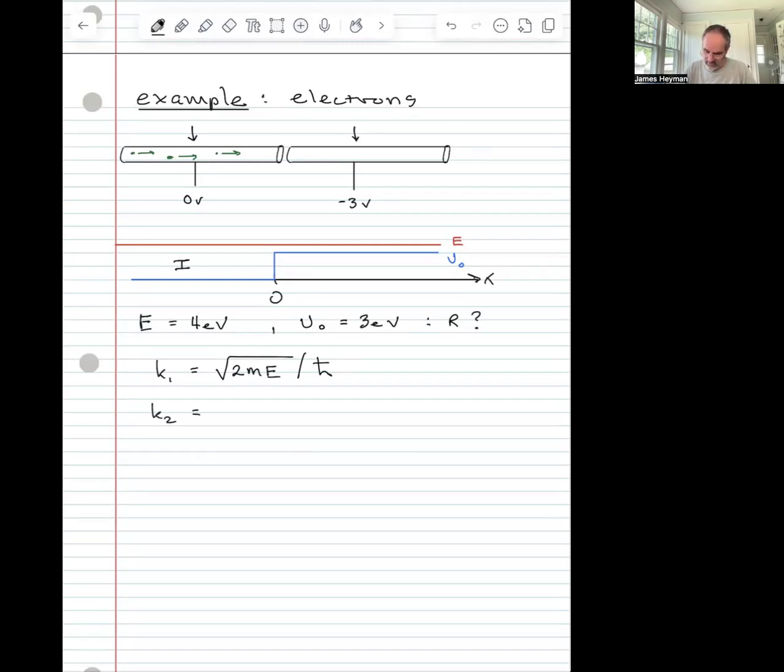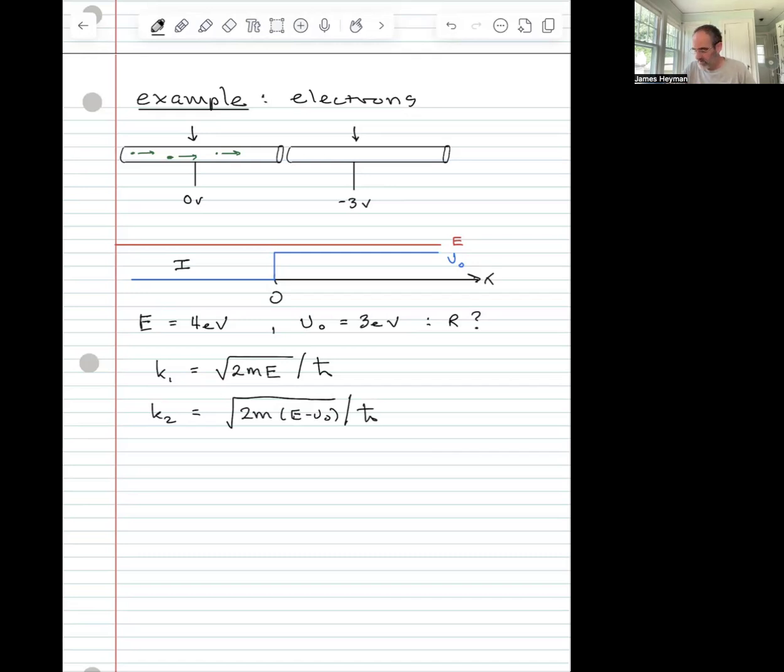In region 2, we have K2 equal to the square root of 2m(E minus U0) over h bar. Well, we know they're electrons. We know the energies. We know the potential step. We have everything we need to do the calculation, right?